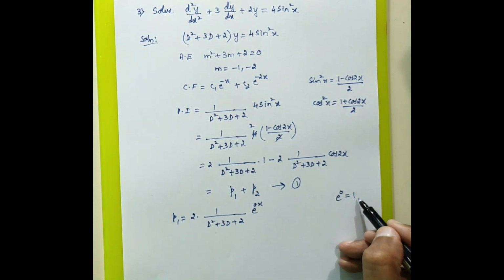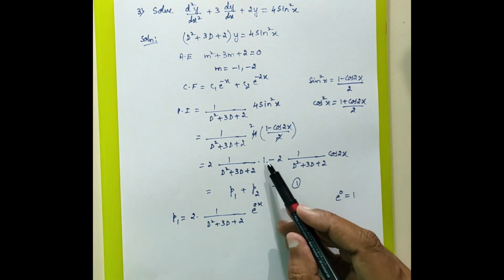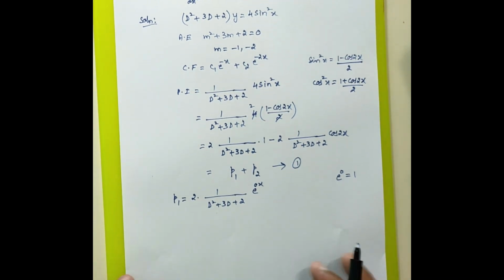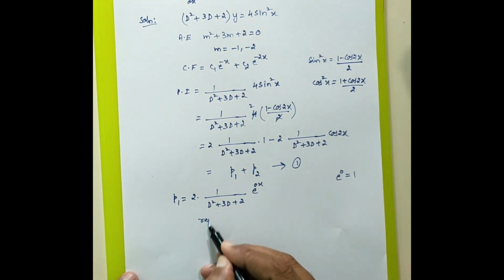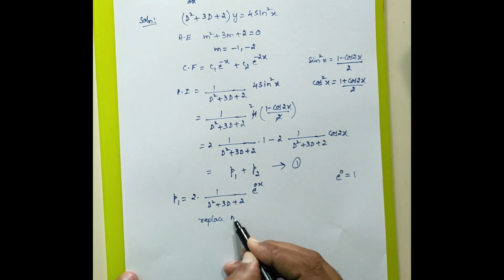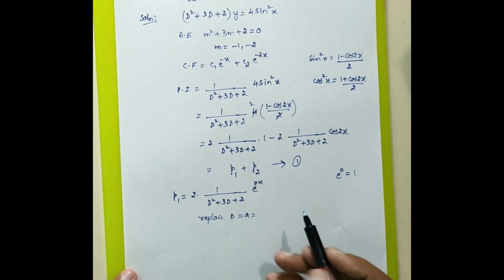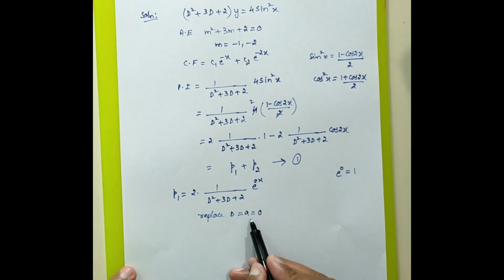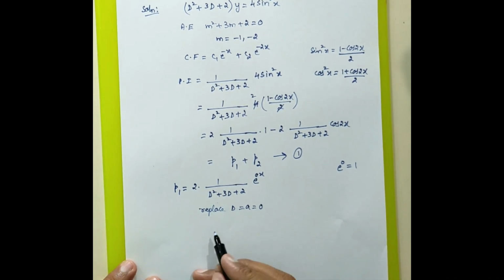And e power of 0 is nothing but 1. So in place of 1, I can write this expression. Now this is of type 1, where you replace the value of d by a. What is the value of a here? The value of a is 0. So replace d by 0.